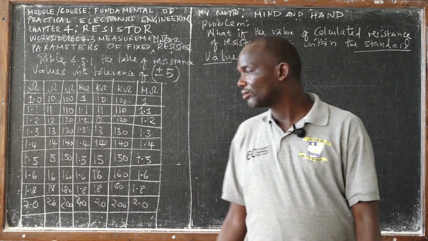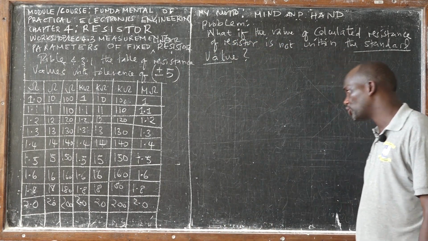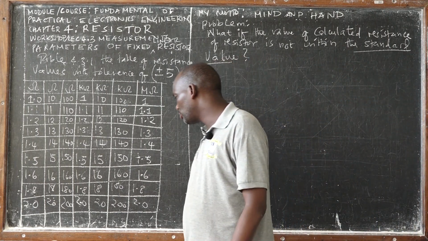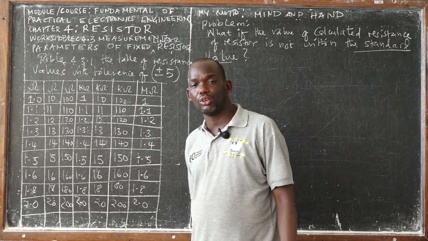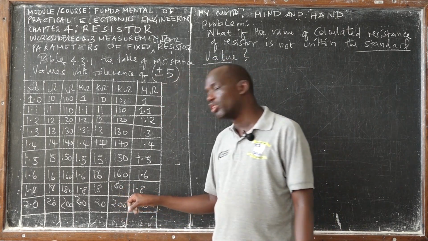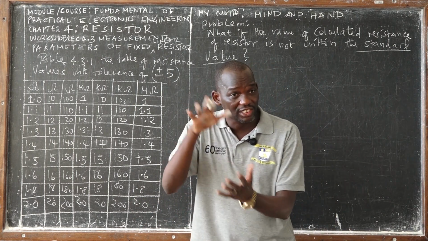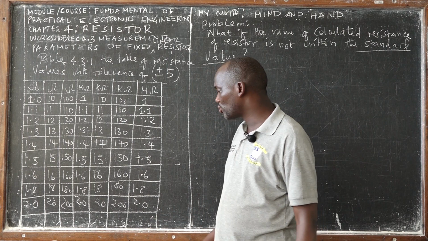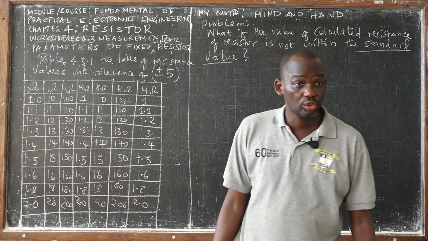What does it mean? For instance, you have done your computation and you found that the resistance is ranging between 180 and 200 kilo ohms. So between 180 kilo ohms and 200, there are a lot of resistors there. Suppose that you did your computation and you got 190 kilo ohms.